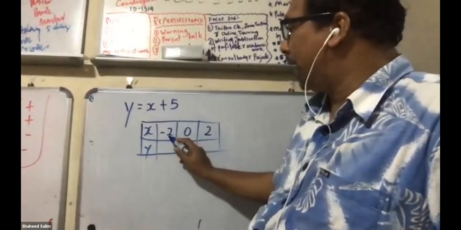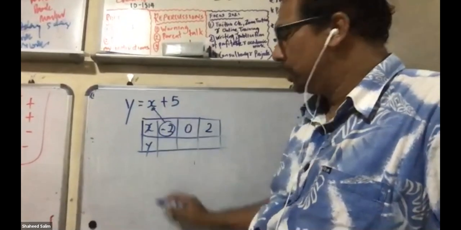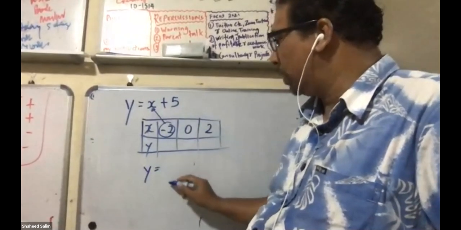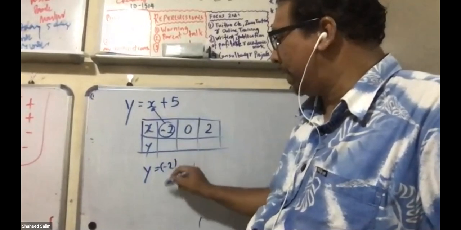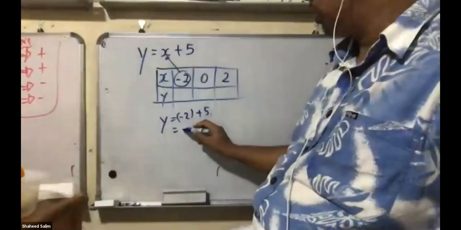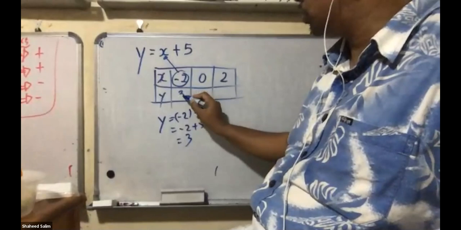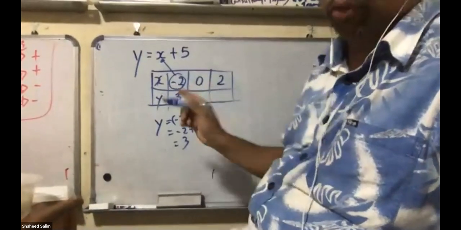Now we put in the value of minus 2 inside x. So it becomes y equals minus 2 in brackets, plus 5. So minus 2 plus 5, 5 minus 2 equals 3. So y equals 3. You must know how to do this.